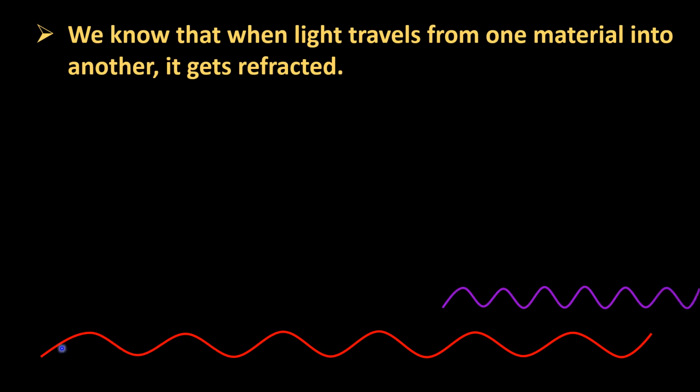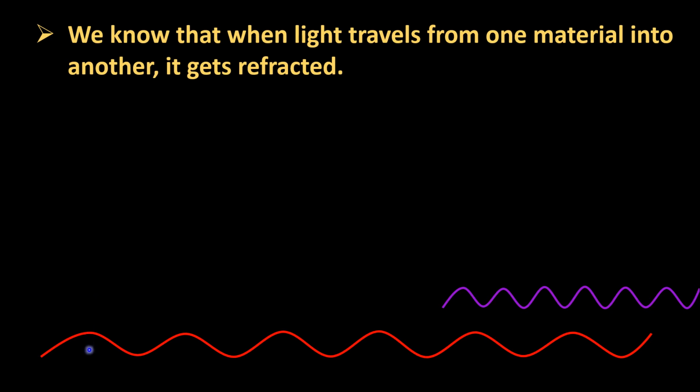we know that light travels in the form of electromagnetic waves, but in order to explain what wavelength is, I have taken two waves: this is the red light and this is the violet light. What is wavelength? See here, these upper portions are called crests and the lower portions are called troughs.